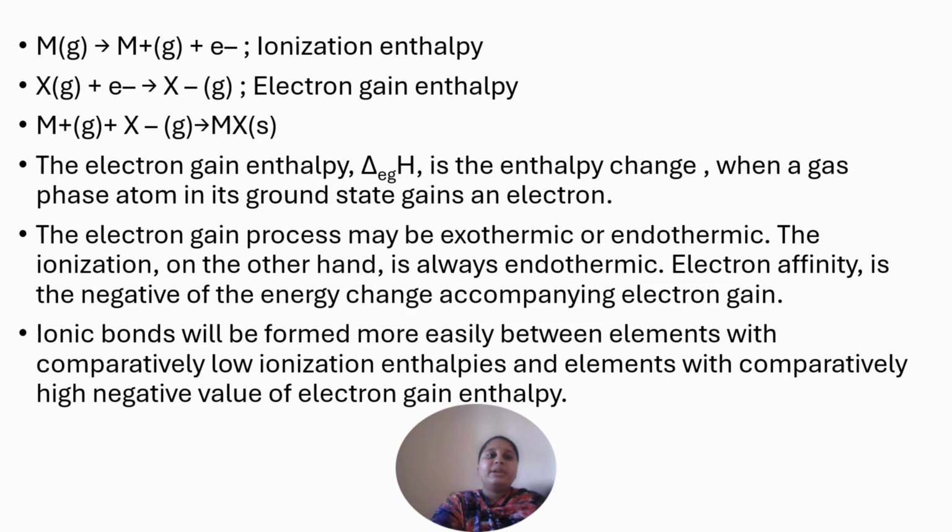The next is bond parameters. Bond length. So what is a bond length? Bond length is defined as the equilibrium distance between the nuclei of two bonded atoms in a molecule. The contribution of each atom is called the covalent radius.